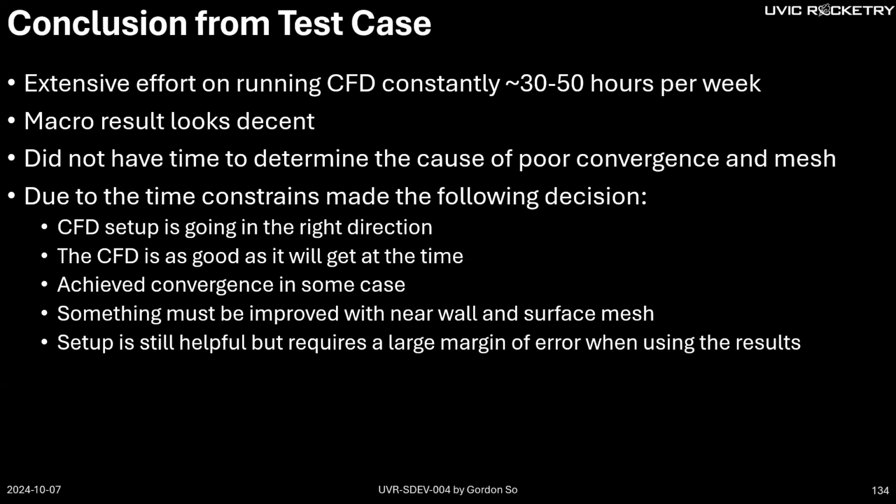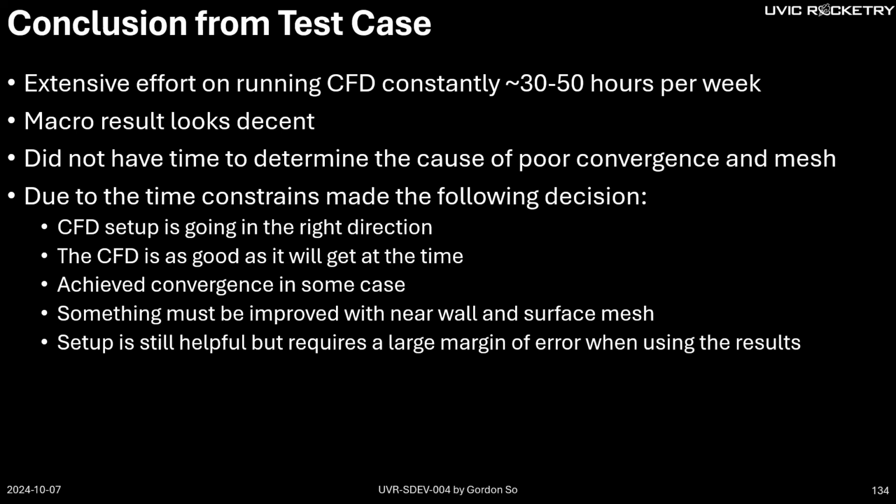I'd probably need to spend another month or two to know more, but that's just so much time. So the CFD is actually a study project, not an actual project on the critical path. At the time, we needed to say, okay, this is what we have.